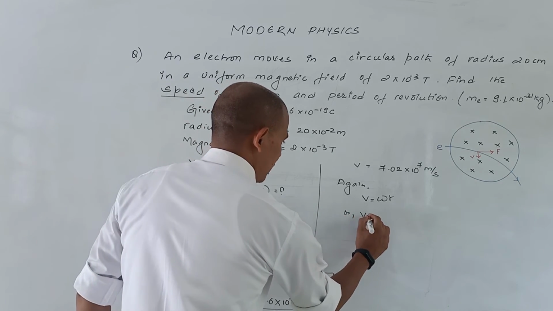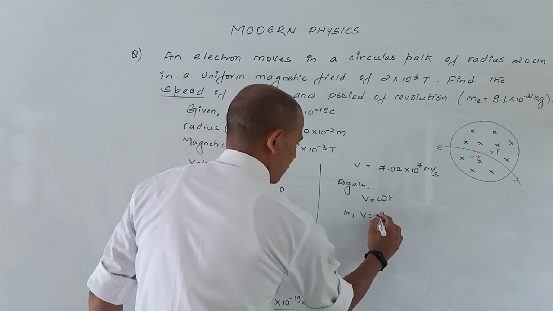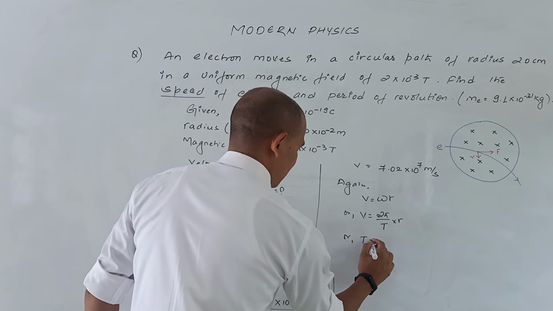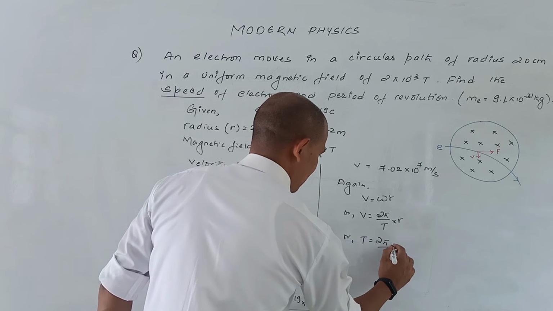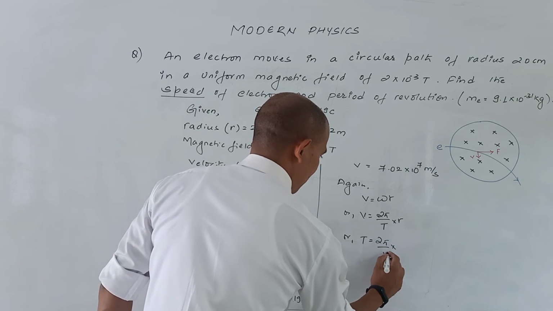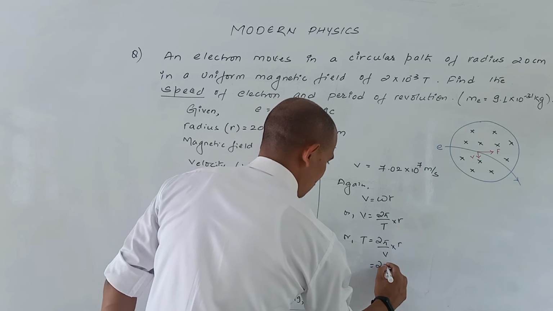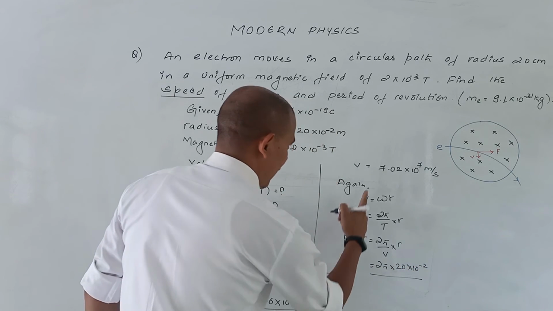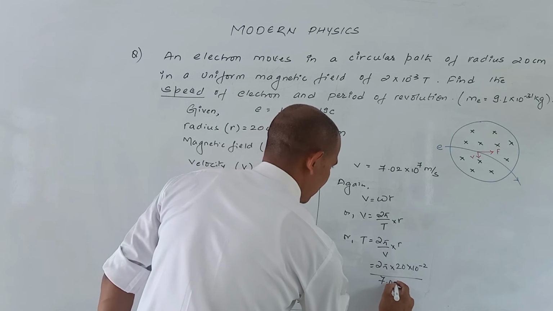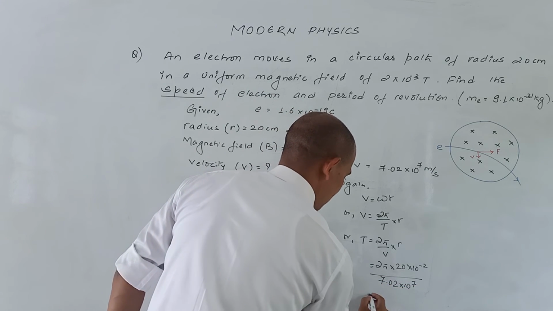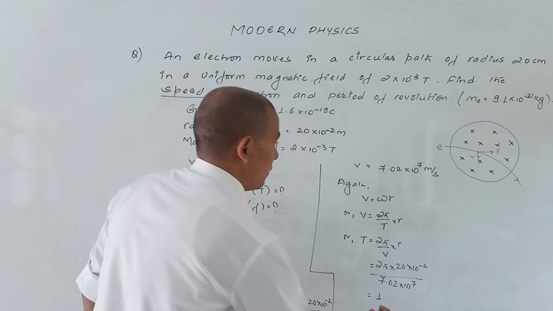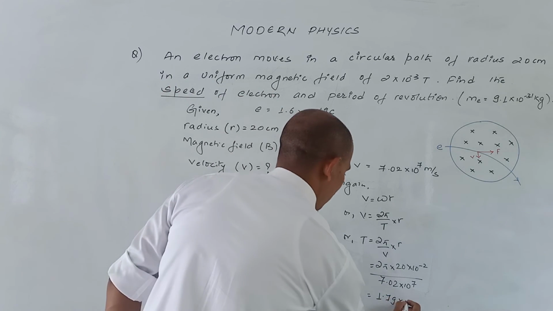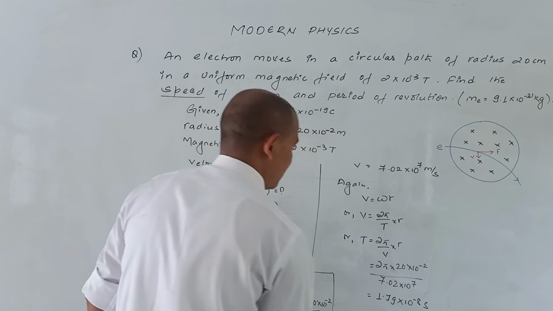So V = omega r, and in place of omega we can write 2π/T. So T = 2πr/V, that is 2π times 20 × 10^-2, divided by 7.02 × 10^7. Our answer is 1.79 × 10^-8 second.